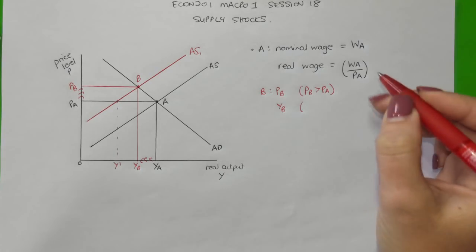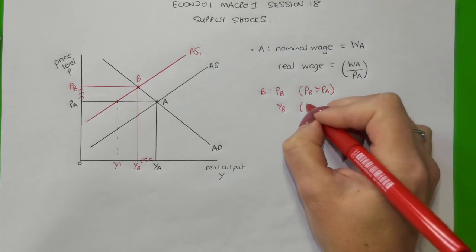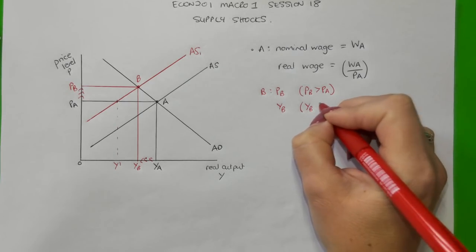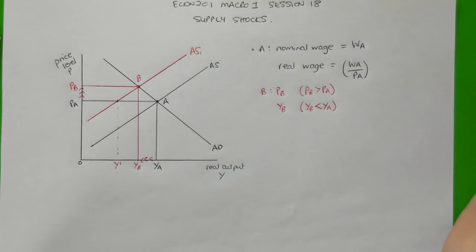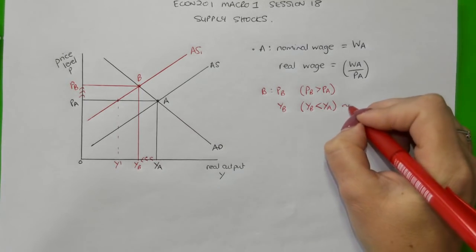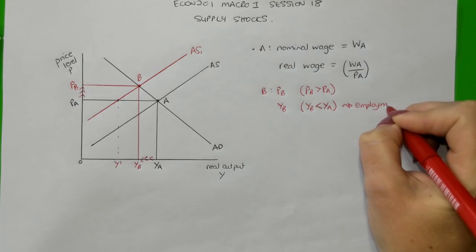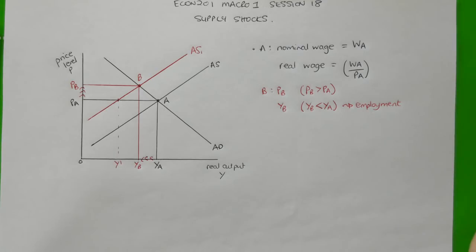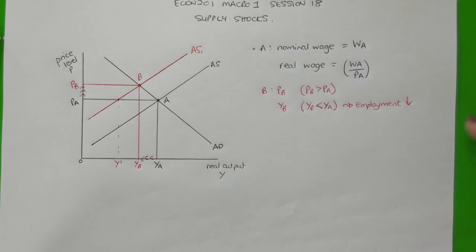And so the consequence of the supply shock in terms of real output is that real output is less than before. So the level of output declines. So that's two bad things happening at once. Prices rise, output falls. The other thing just to note is that as output falls, we can also recognize that changes in output often affect employment, and so as output decreases, employment is also falling.